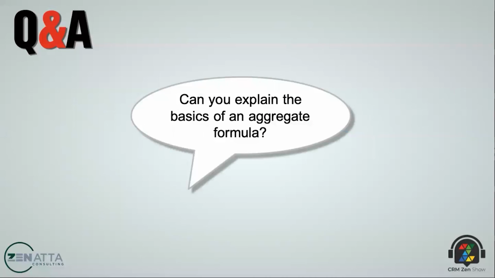Yep, and then we had a question around aggregate formulas in analytics. Inside of analytics, you can make aggregate formulas inside of your reports. The cool thing about aggregate formulas is you can run sums and averages and maxes inside of these formulas and then apply them in bulk to all the different rows of your report.